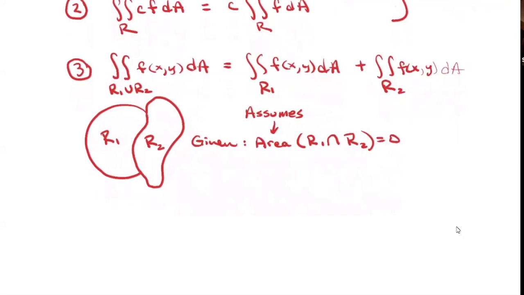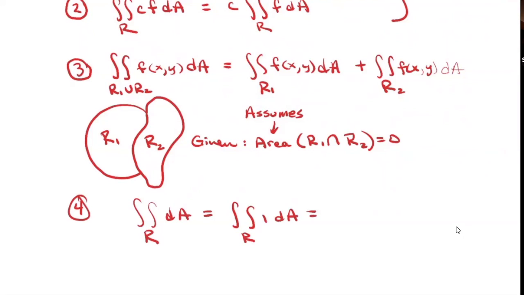Another thing is, let's do 4, you just do a double integral over a region R of just dA. That's 1. You're integrating 1, so the double integral over R of 1 dA.